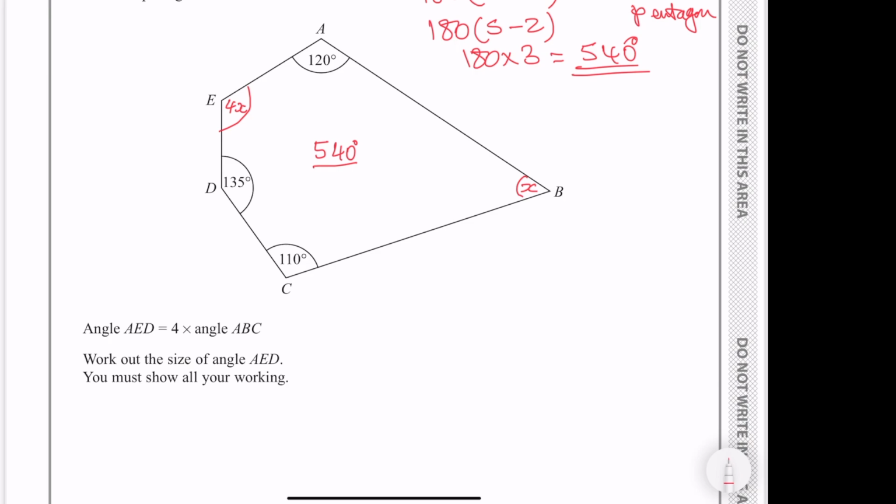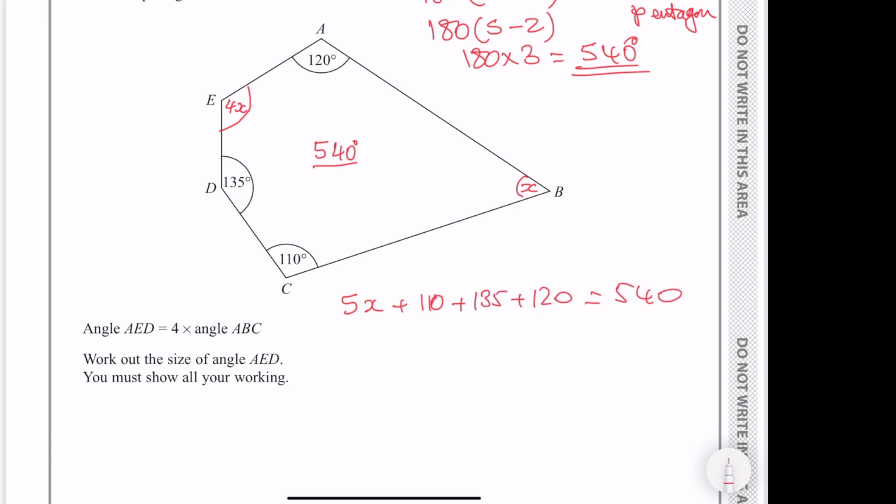The easy way, just add all the angles, take them away from 540, and then divide the answer by 5 because you have 5x. Or add everything equal to 540. So we can just use some algebra and say 5x plus 120, plus 110, plus 135, plus 120 equal 540.